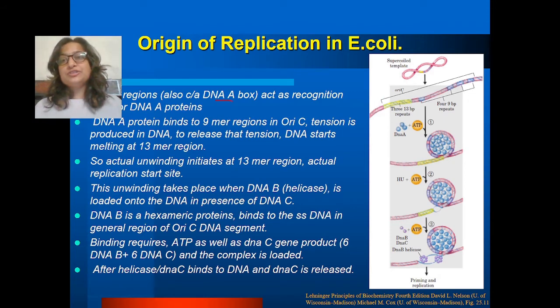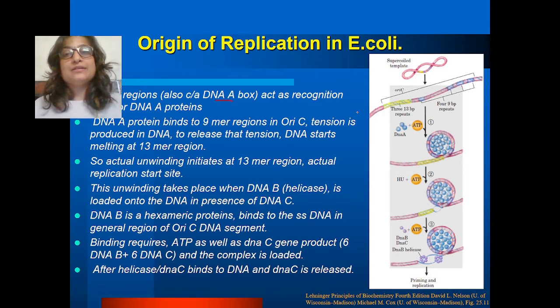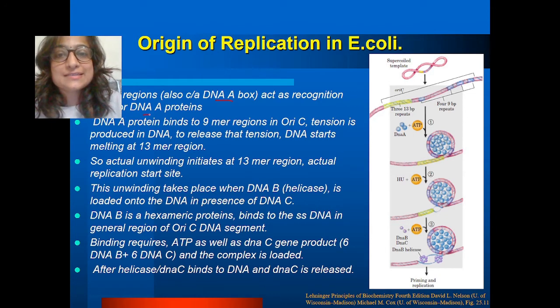Your 9-mer regions are known as DNA A boxes because it is your 9-mer regions only that are recognized by the initiator protein DnaA. So these 9-mer regions or DnaA boxes act as recognition sites for DnaA proteins. Means your DnaA protein will bind to 9-mer regions in ORI-C.